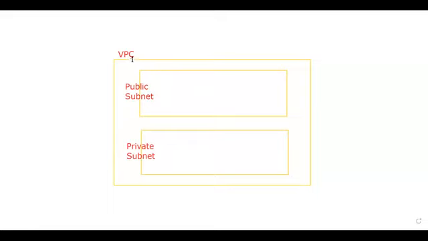So in that wizard, we are saying create a VPC that has two parts. One is public and should be publicly available, and the other one is private and should not be publicly available. So why would you want to do this?